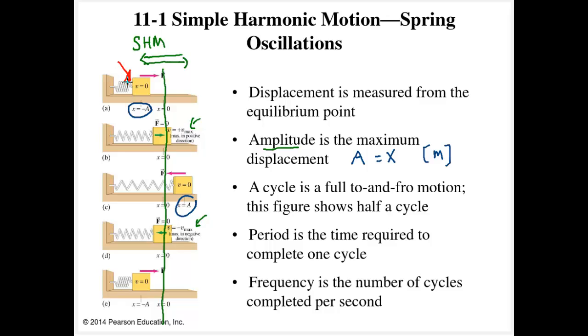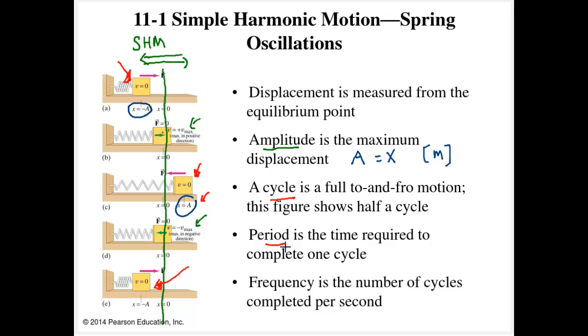It's going to be negative A. It's going to go through the equilibrium point. It's going to reach the stretched side of the spring. Now it's at positive A. This is defined to be 1/2 of the cycle. It's going to go back, and at some point it's going to be at the negative amplitude again. That is the definition of one full cycle.